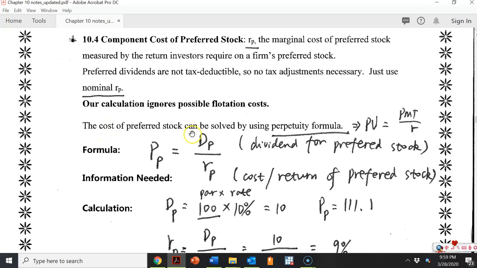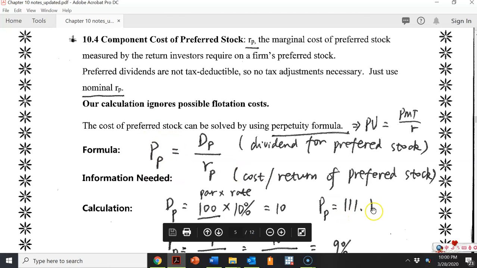The cost of preferred stock can be solved by using the perpetuity formula, which is PV equals payment over R. So here, the price for the preferred stock, PP, would be equal to DP, the dividend for preferred stock, divided by RP, the cost of preferred stock, or return of the preferred stock. From the question, we already know that the price for this preferred stock is 111.1.